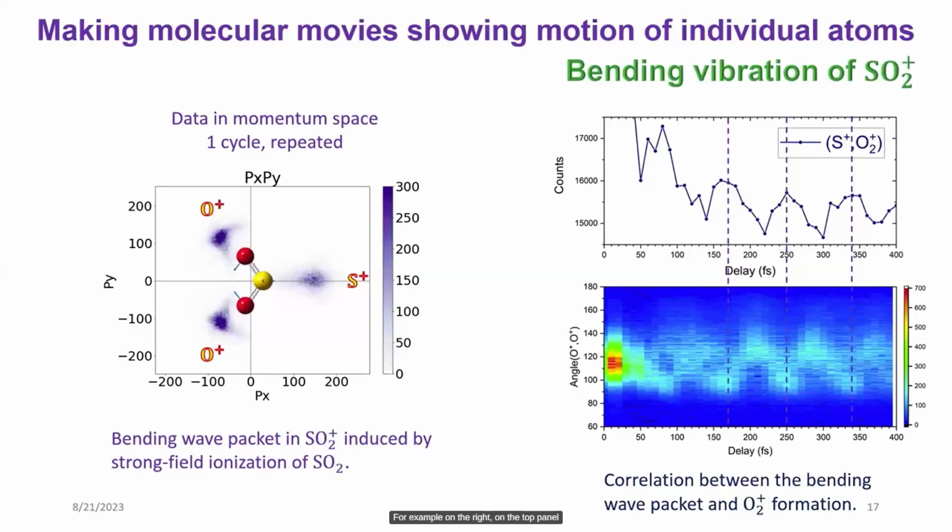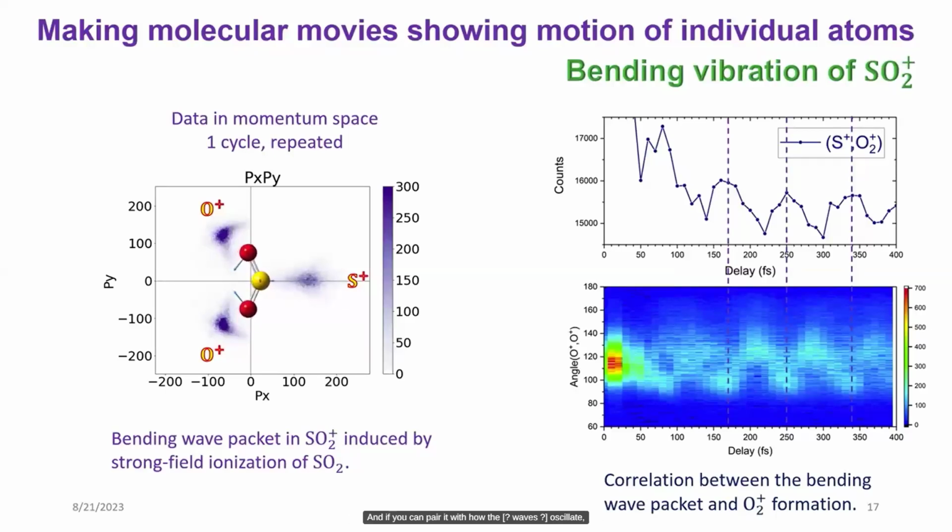For example, on the right, in the top panel, I show you the yield of the O2+ channel as a function of delay. Basically, what it is saying is that in this channel, the two oxygens come together and stick together and form molecular oxygen or molecular oxygen ion, like O2+.